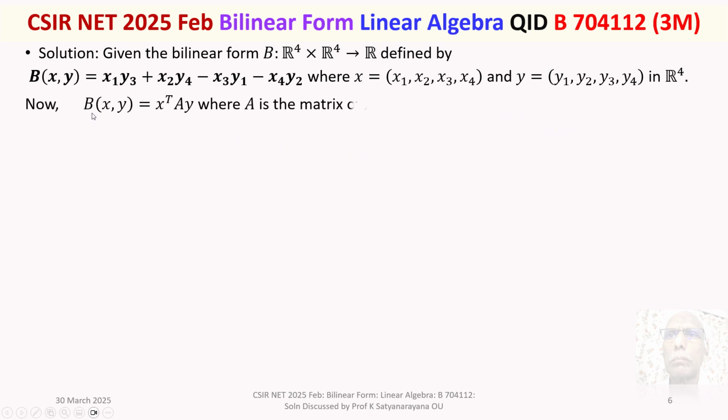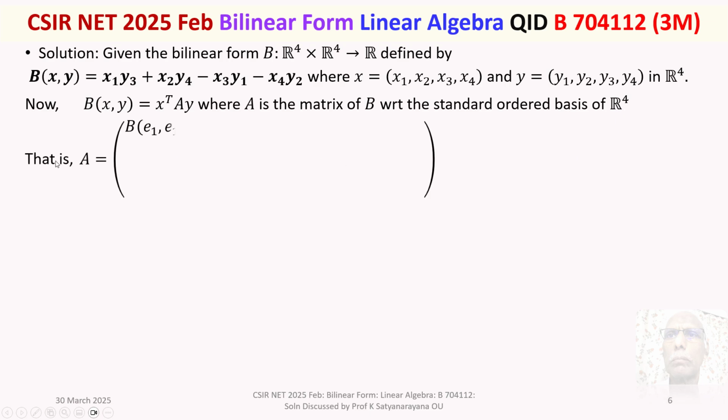Now, it is given B(x, y) = x^T A y, where A is the matrix of B with respect to the standard ordered basis of R^4.